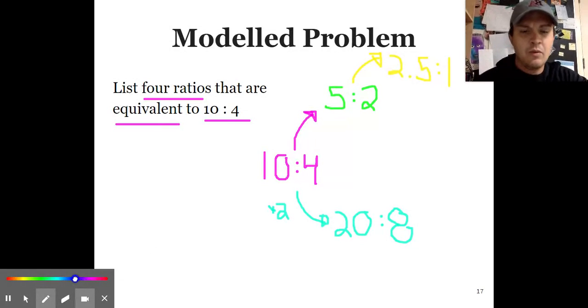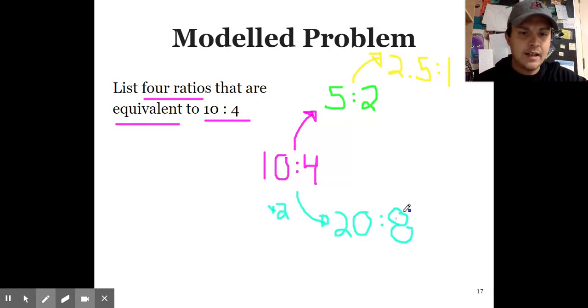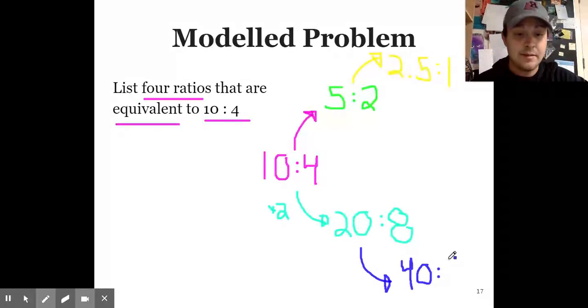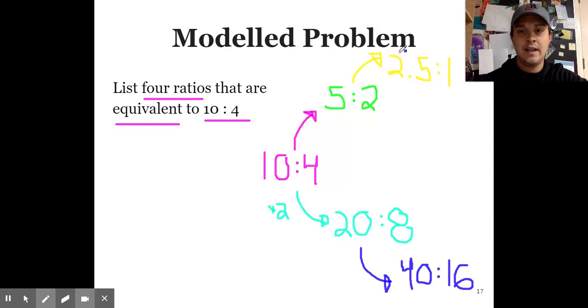And what I want to point out is that I could double this one again, but it would get quite big. But I'm just going to. That works. So 20 times 2 is 40. And 8 times 2 is 16. So there is one way of solving this problem. List 4 ratios that are equivalent to 10 to 4.